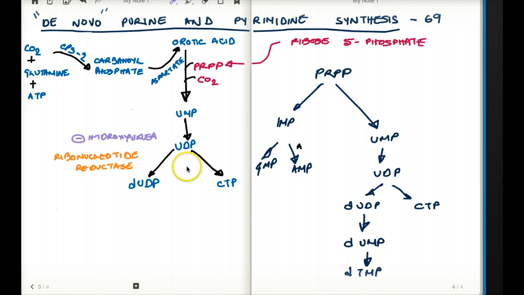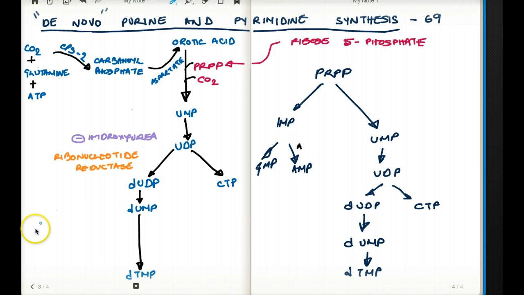So any enzyme that I'm mentioning in this particular video, very important to remember, because we are definitely skipping some for sure. So anyways, let's continue. From our DUDP, the next thing is going to be DUMP. From DUMP, we get DTMP. So from DUMP to DTMP, this step needs folate. Now, how exactly are we using this folate here?